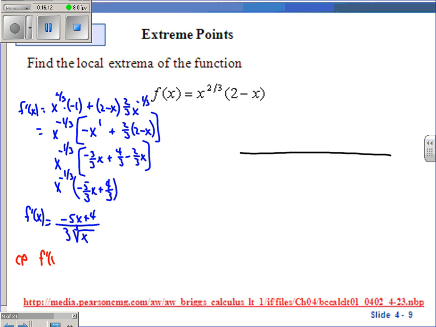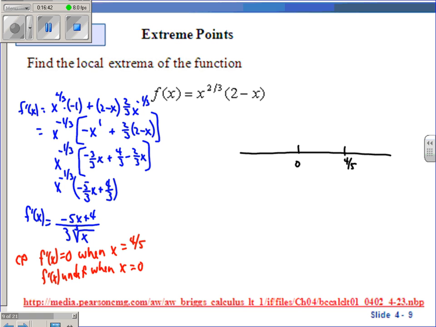So f prime of x is equal to 0 when minus 5x plus 4 is 0, or x is equal to 4/5. F prime of x is undefined when x is equal to 0. Put those on your number line, so 0 and 4/5.